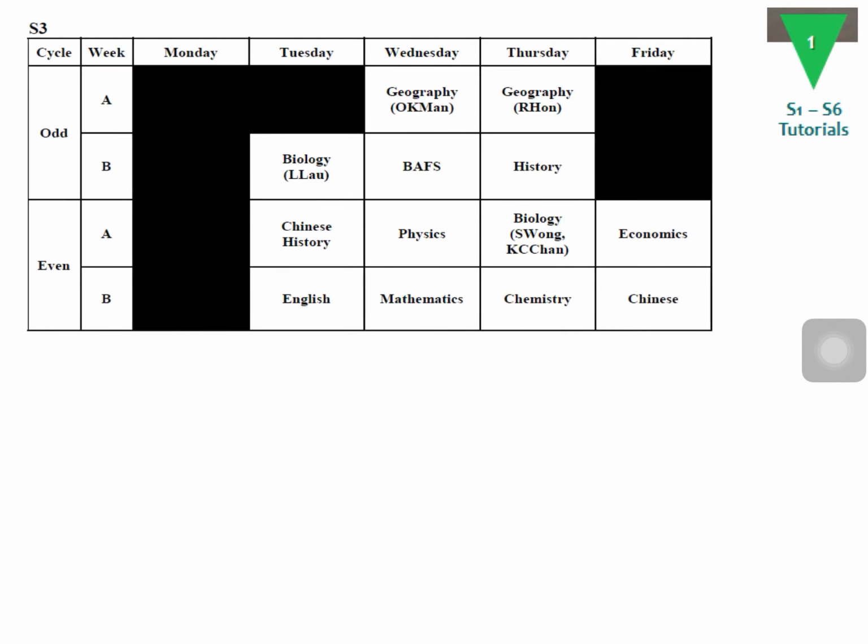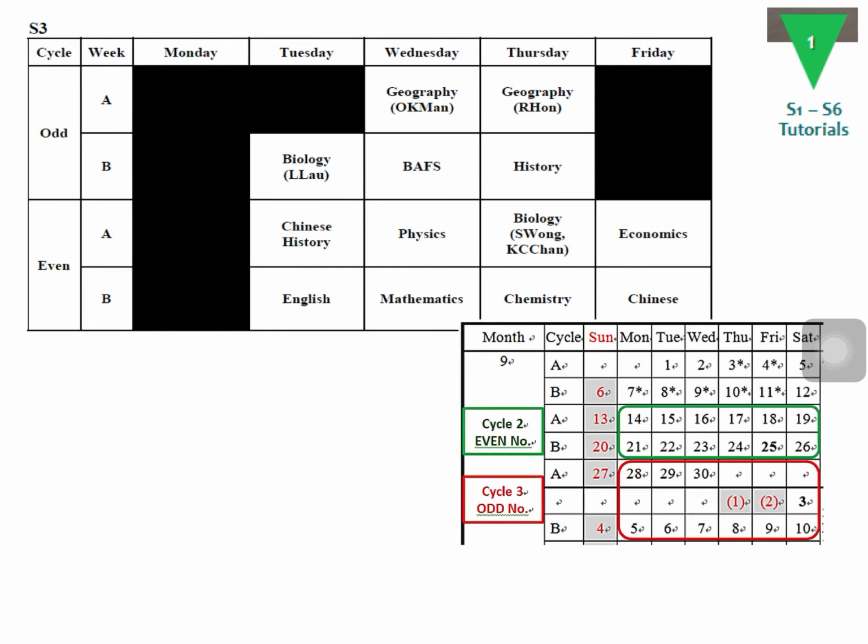If you have been listening carefully to what I said, you will notice that I said all levels but S3 earlier. Owing to the numerous subjects S3 students take in this year of exploration, each subject will only be able to conduct a tutorial once a month, based on the following timetable. To put it simply, it works on an odd and even cycle.